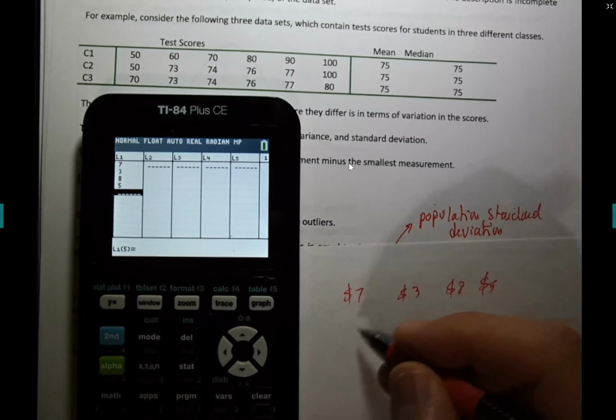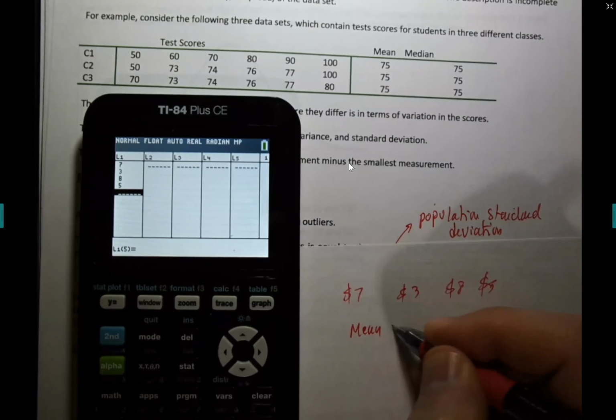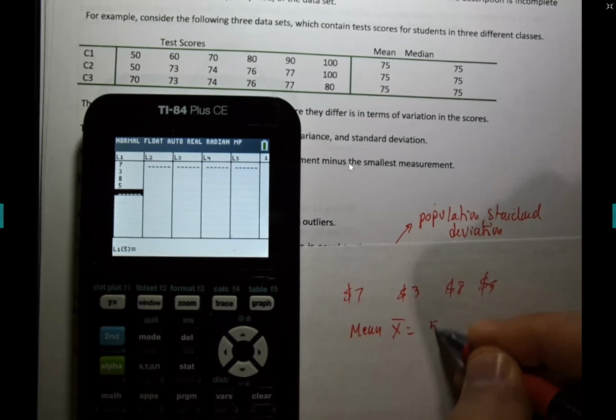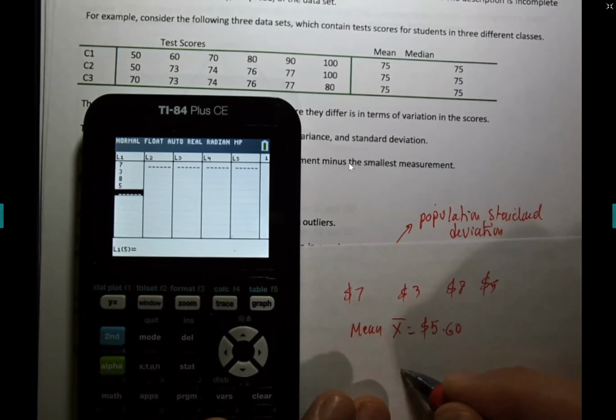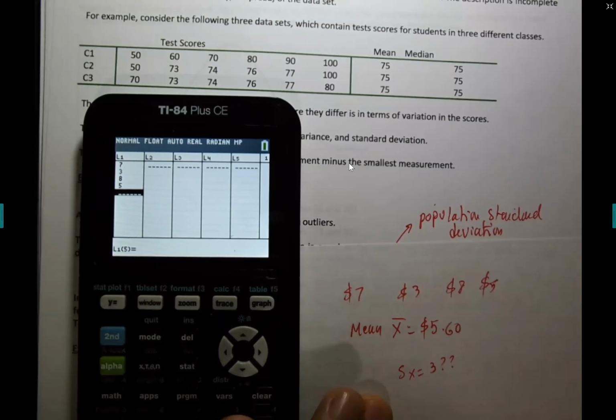The mean is $5.60, and those are the values. What do you think the average deviation will be? Half that? Probably 2. Let's say you guessed about 3, or half that, 2.80.